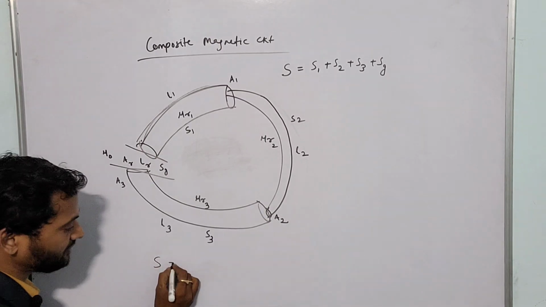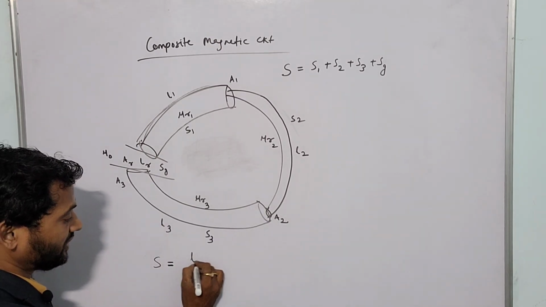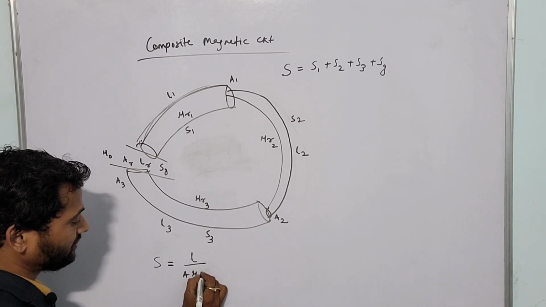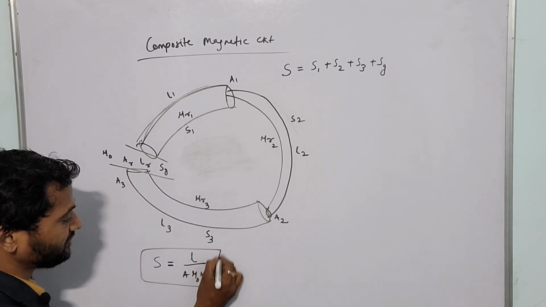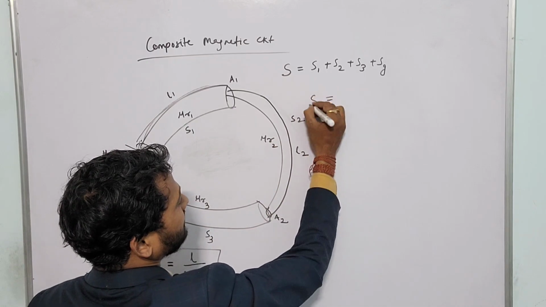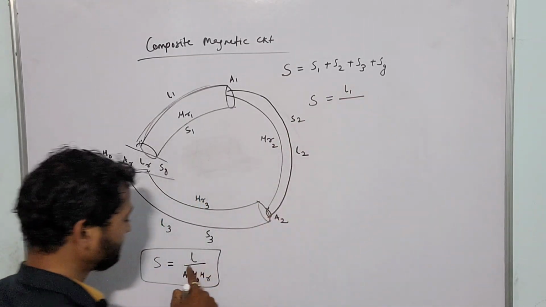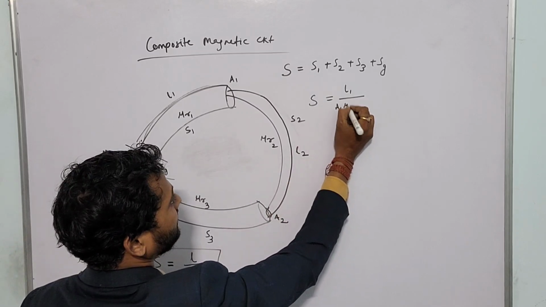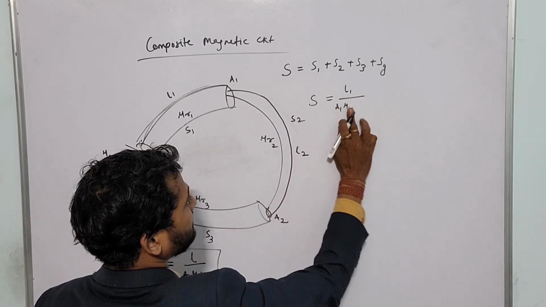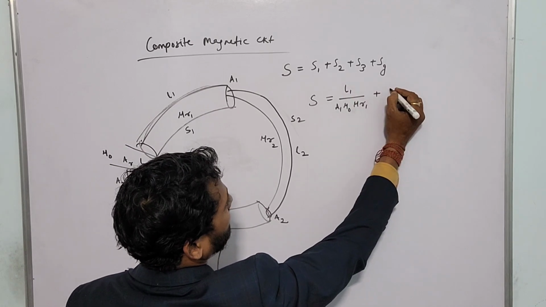So reluctance का formula मैंने क्या बोला था? What is reluctance? What is the formula of reluctance? L upon A mu naught mu r. That is the formula of reluctance. ठीक है, so S1 क्या हो जाएगा? Reluctance S1 क्या हो जाएगा बोलो? L1 upon A1 mu naught into mu R1, plus S2 क्या होगा बोलो?